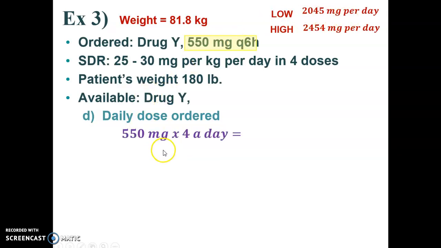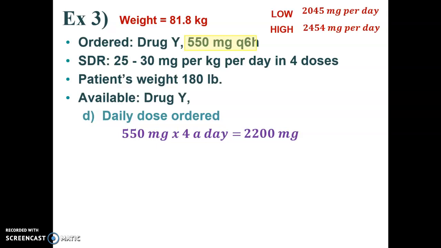So let's take our 550 milligrams and multiply it by however many doses we have to give in a day. Every 6 hours meant that we were giving 4 doses a day, right? 24 divided by 6 gave us the 4 doses in a day. So 550 milligrams per dose, times 4 in a day. So the doctor has ordered for us to give 2,200 milligrams per day.